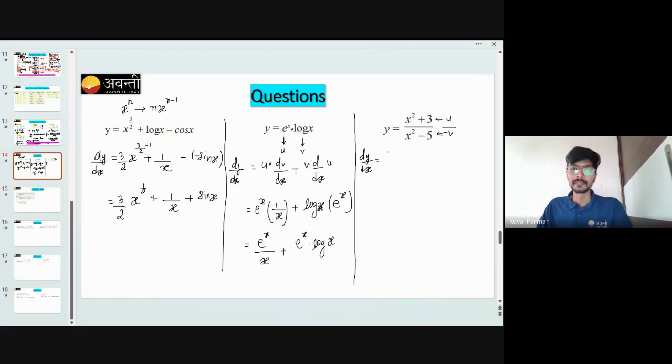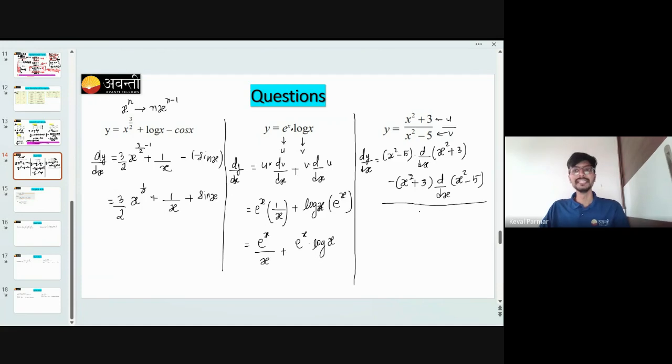v, meaning x square minus 5, into derivative of u, which is x square plus 3, minus u, which is x square plus 3, into derivative of v, which is x square minus 5, the whole upon v square, meaning x square minus 5 the whole square.